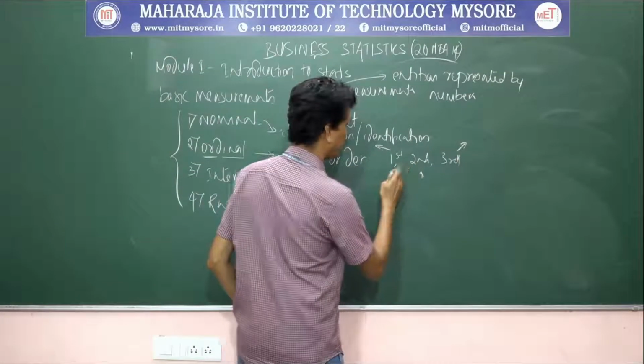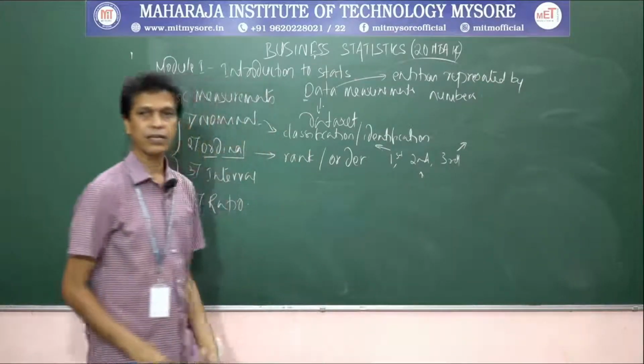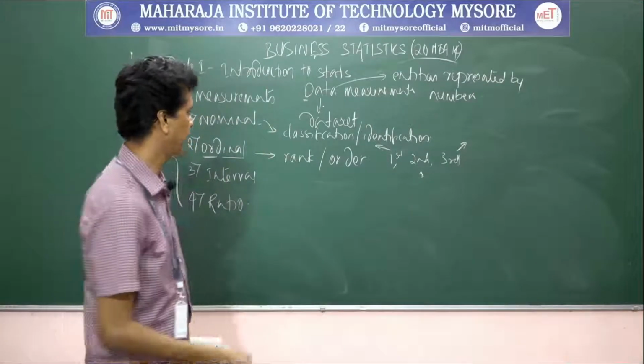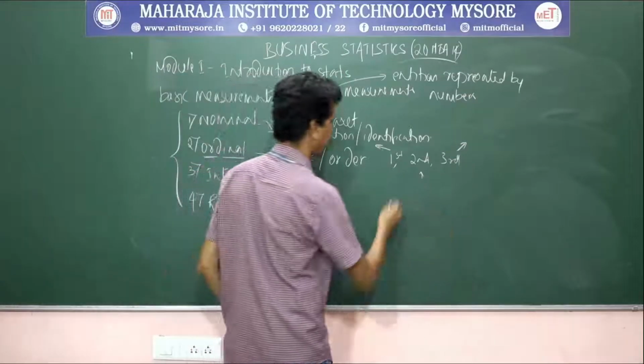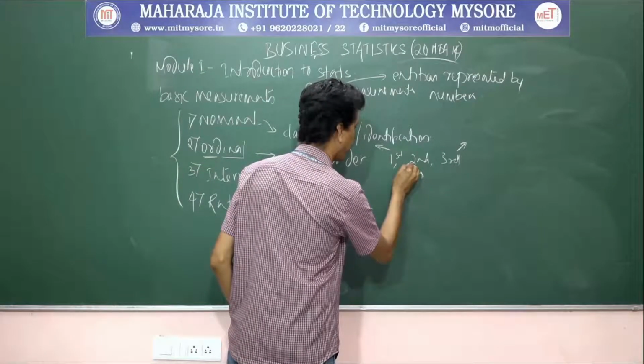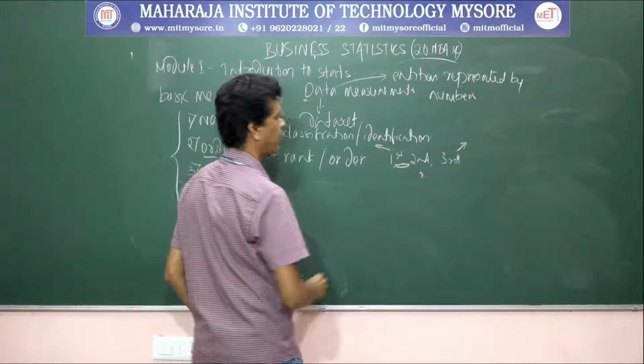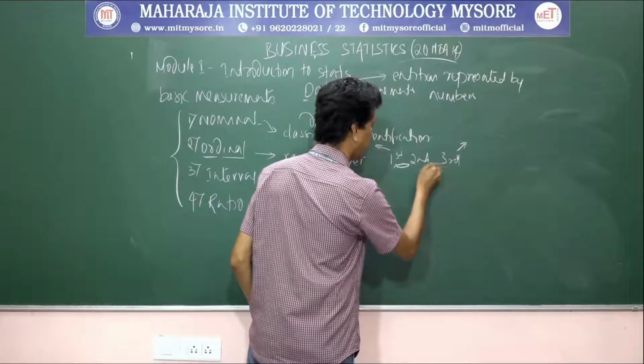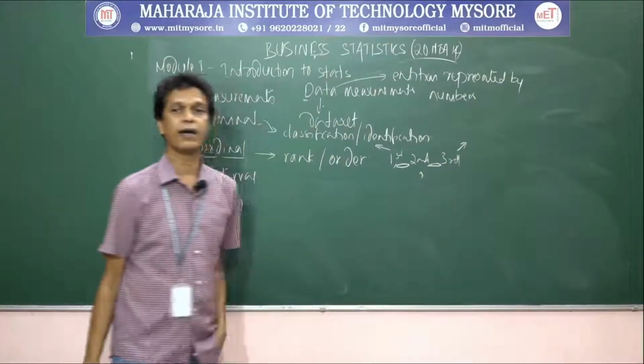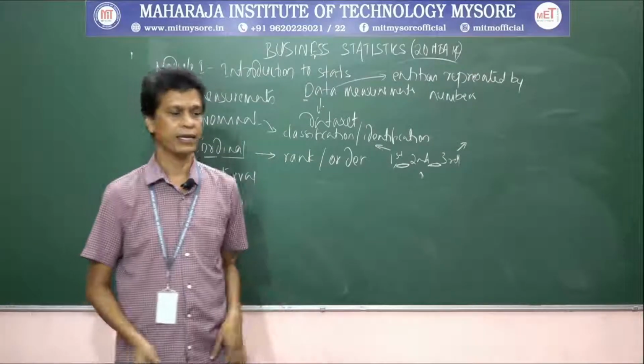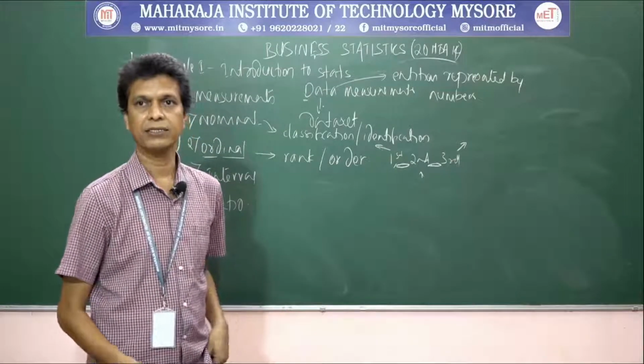But the supervisor can order them based on the information he gathered from the assembly or the operations. But he cannot say the productivity between 1 and 2 and the productivity between 2 and 3 are equal. Somewhere he is organizing based on his feeling.